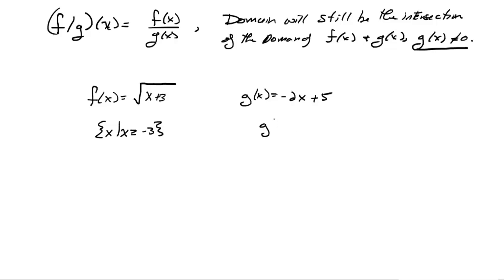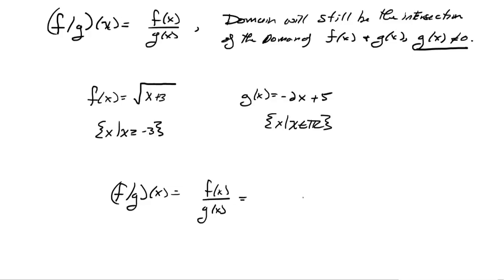And this domain is still going to be all real numbers. But we know that our denominator, and it might help for you just to go ahead and set f divided by g of x equal to f of x divided by g of x, and according to us that will be the square root of x plus 3. Notice that radical is populated one more time, but now in our denominator we have negative 2x plus 5.